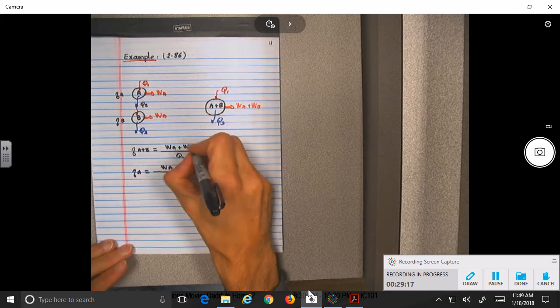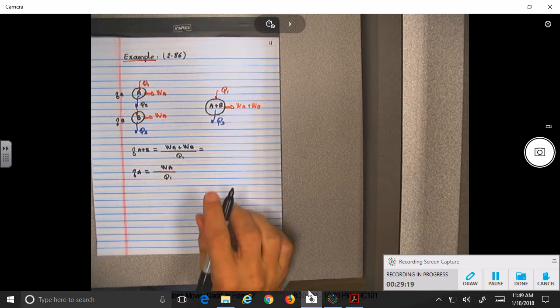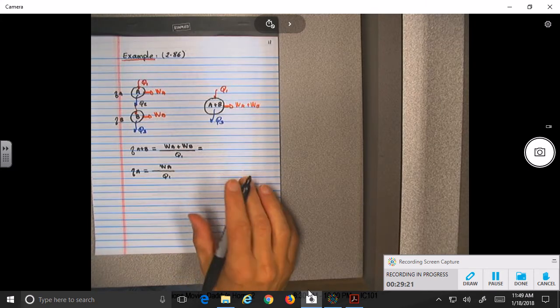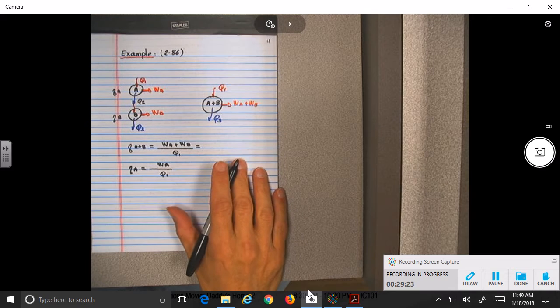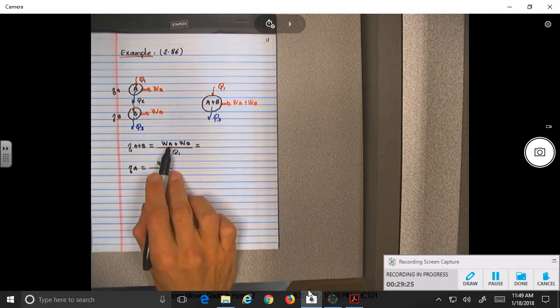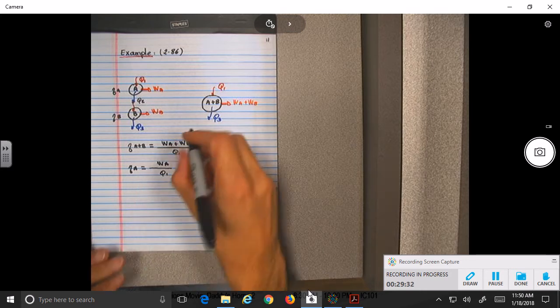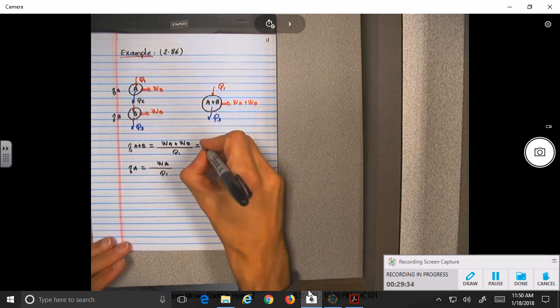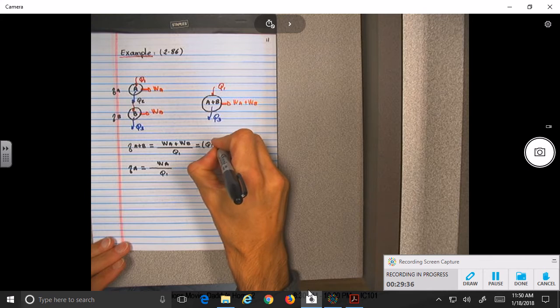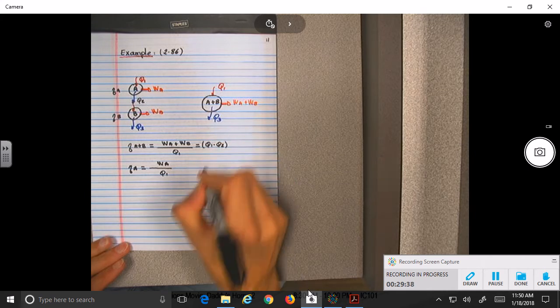Maybe let me add one thing here to this one. I don't know if we're going to need it or not, but I'm trying to put as many questions as we can over here and then decide. What will be the work A equal to? It will be equal to Q1 minus Q2, no?